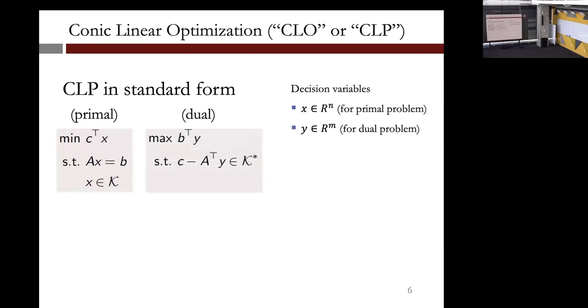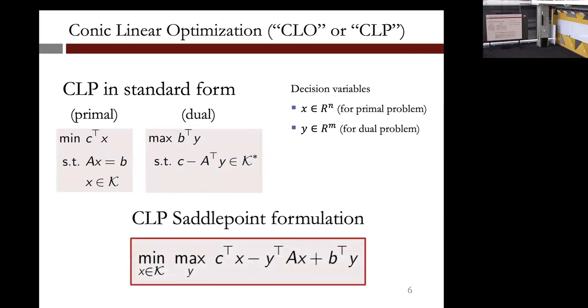Then the dual problem looks like this, and K star is just the polar cone to the original cone, and we'll just take that as given information. Then we're going to take the whole thing and turn it into a saddle point problem. I will be very honest with you, I never really studied saddle point problems for most of my career.